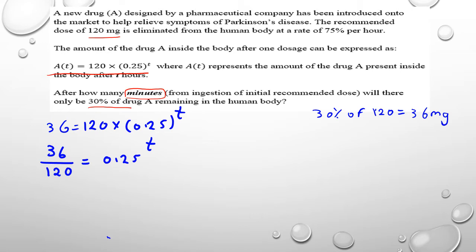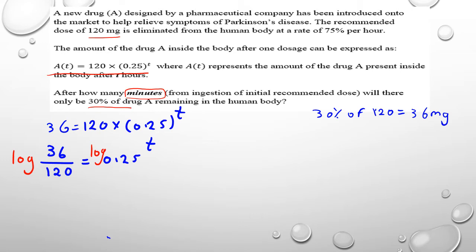The next thing, because T is a power, the only way you can get the T down as a coefficient and then solve the equation, when the unknown is in the powers, is to take log of both sides. You could do log, you could do ln, it doesn't matter.